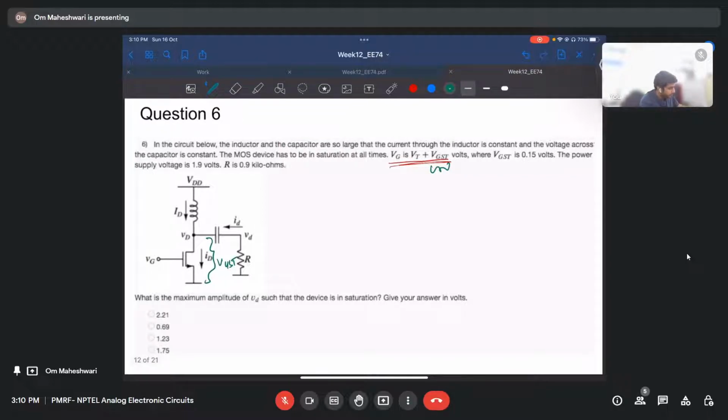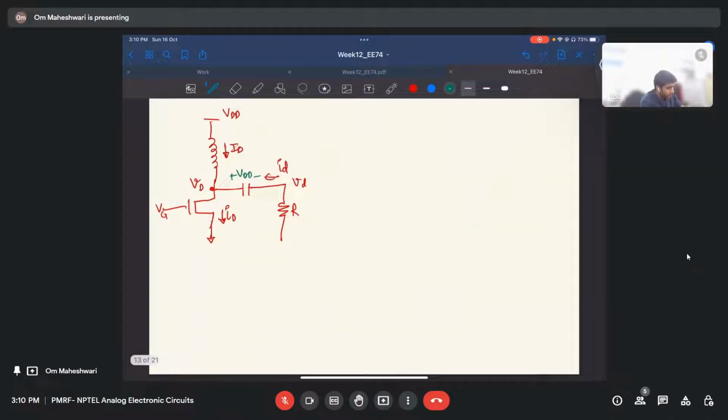So we know that VD minimum is the overdrive voltage, equal to VGST. It is given as 0.15 volts, right?